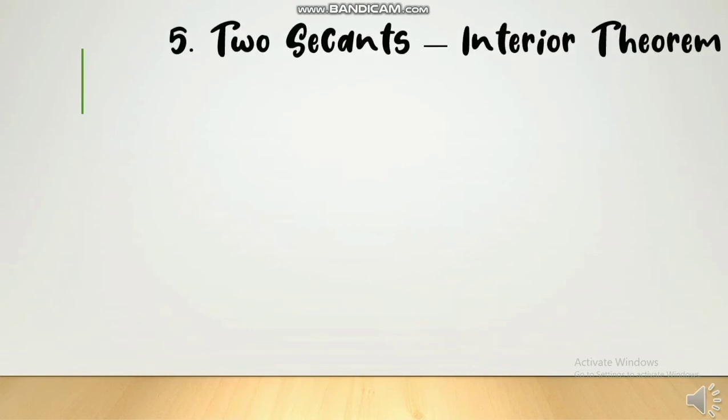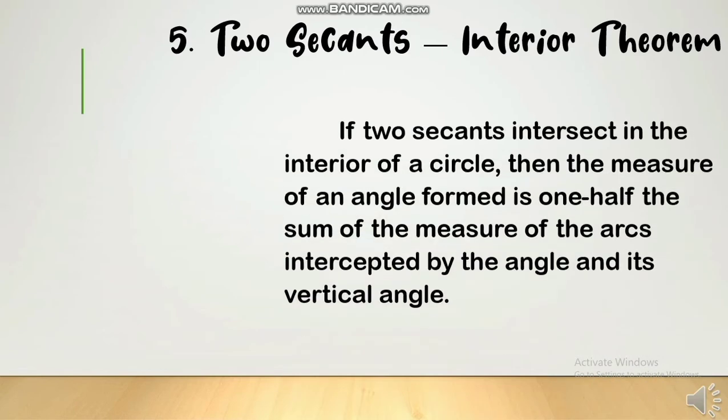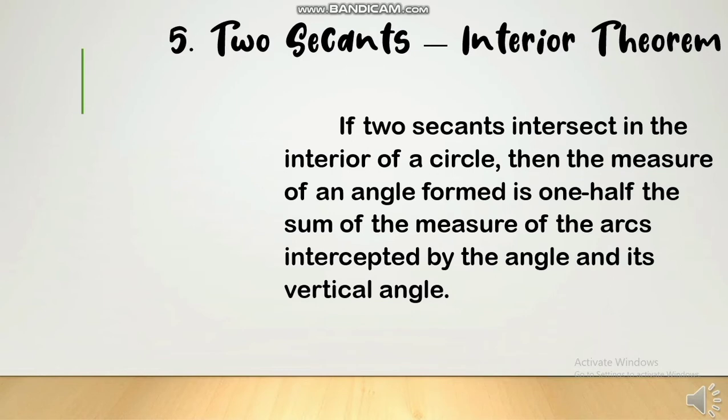Theorem number 5. Two secants interior theorem. If two secants intersect, then the measure of an angle formed is 1/2 the sum of the measure of the arcs intersected by the angle and its vertical angle.